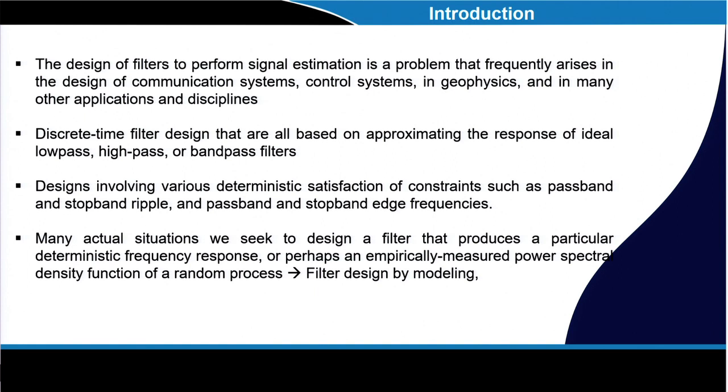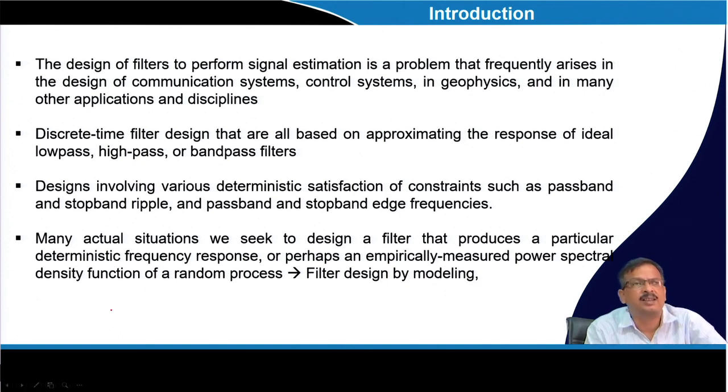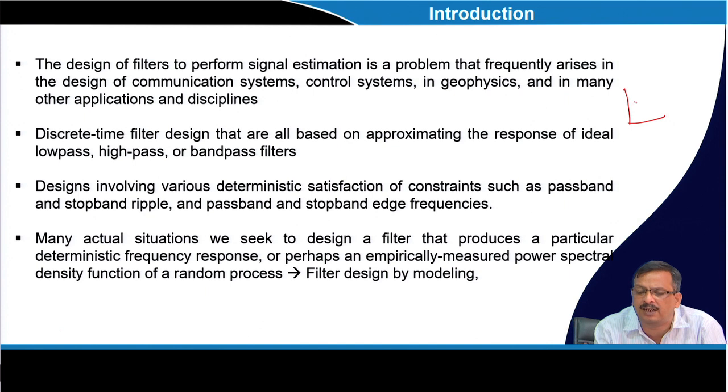That means I want to estimate the signal from 2 kilohertz to 4 kilohertz. So in that case I have to design the filter. How do I design the filter? We consider an ideal low pass filter and then try to approximate the ideal frequency response of the desired filter.